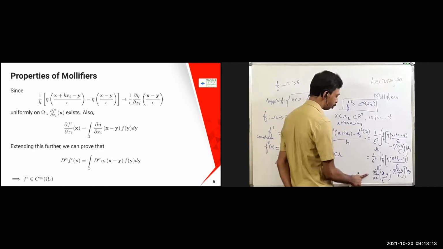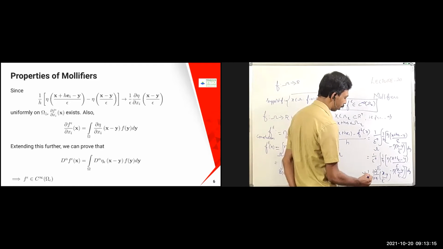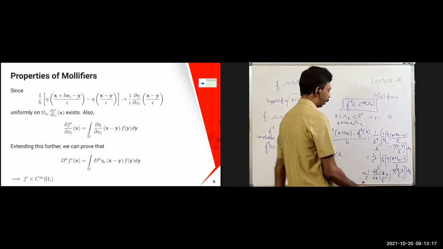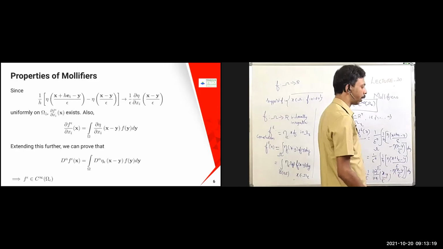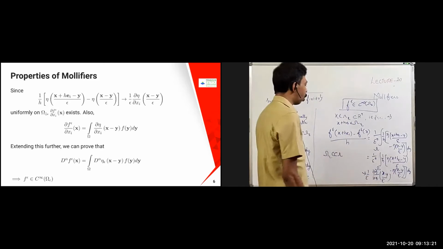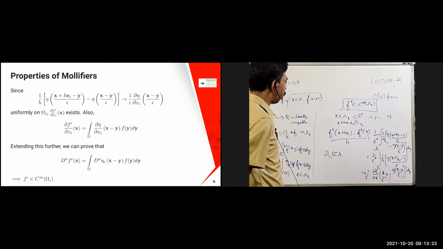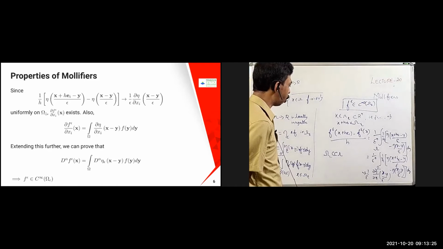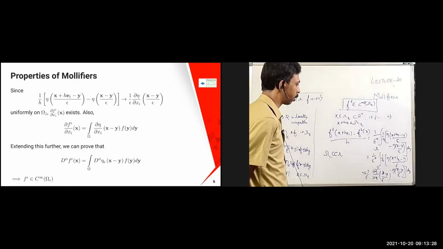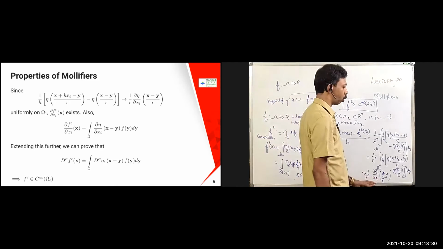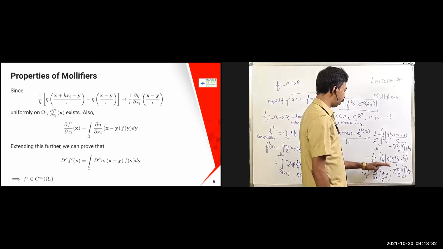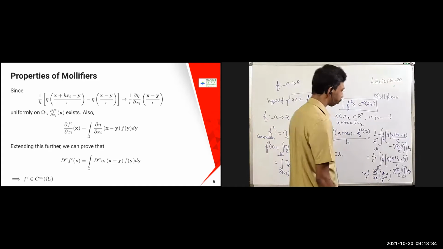Because there is a 1 by epsilon there, you have to take the derivative of that also. So you are going to get 1 by epsilon times the partial of eta by partial x_i at (x minus y) by epsilon. It is the usual definition of the derivative; I'm just applying it here.